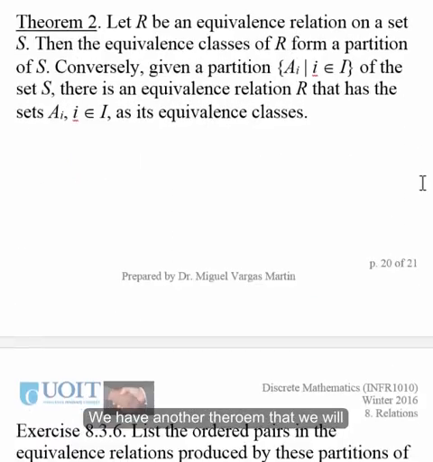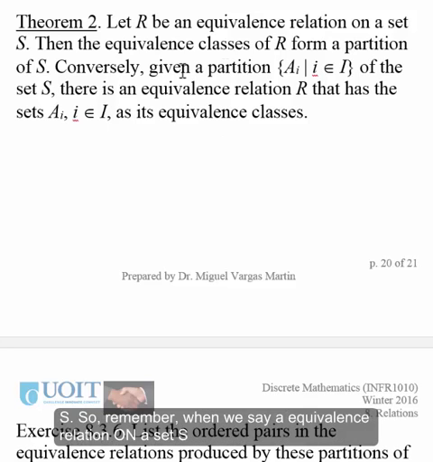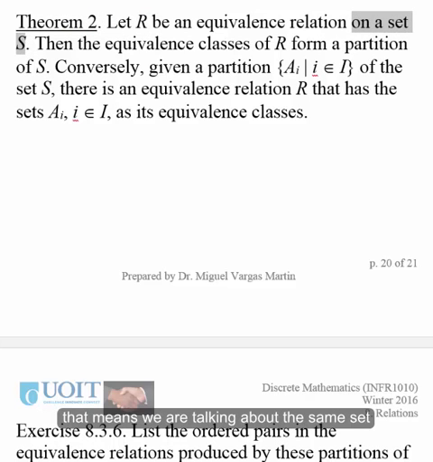We have another theorem that we'll see. R is an equivalence relation on a set S. Remember, when we say an equivalence relation on a set S, that means we're talking about the same set, right?